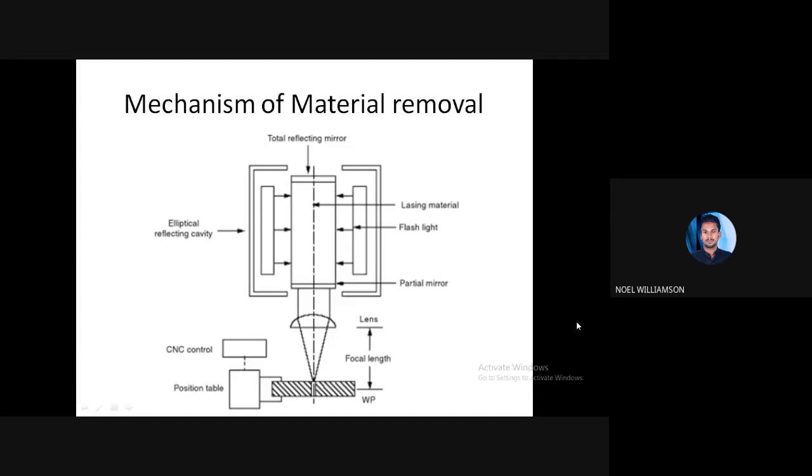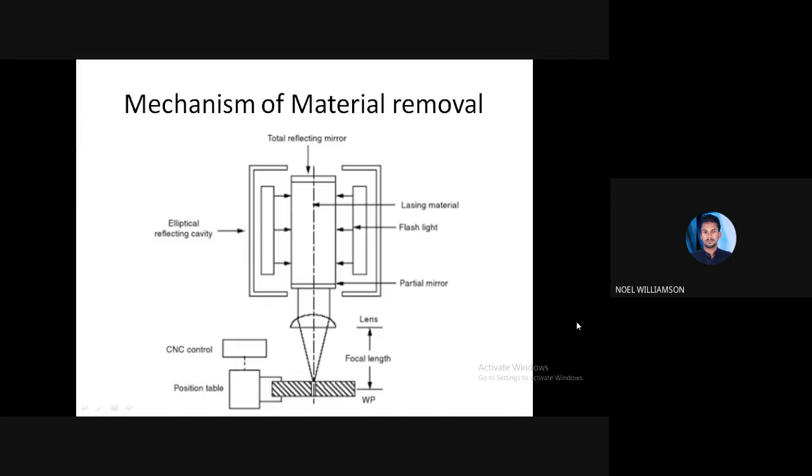Now coming to the mechanism of material removal. We know the basic principle, but anyway, we will see how the material is being removed. This is the basic setup you have already seen in laser beam machining.